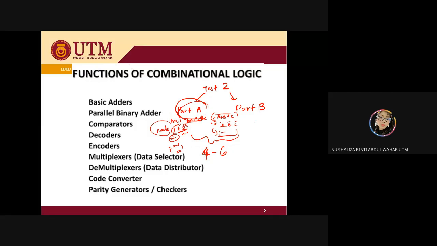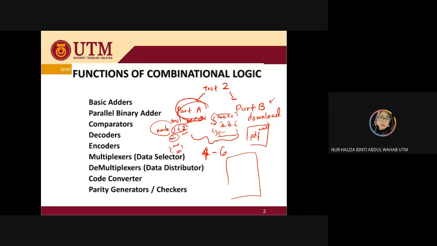But for part B, you need to be very careful. I don't know whether you have already done this with other subjects or not, but for part B, you need to download the question. The question is, I guess, in PDF or Word. You download the question and answer in your own paper.